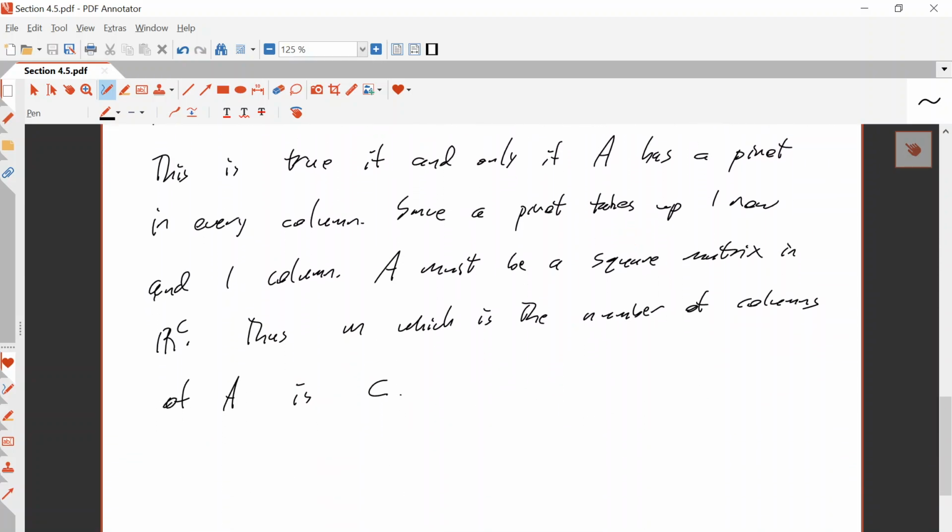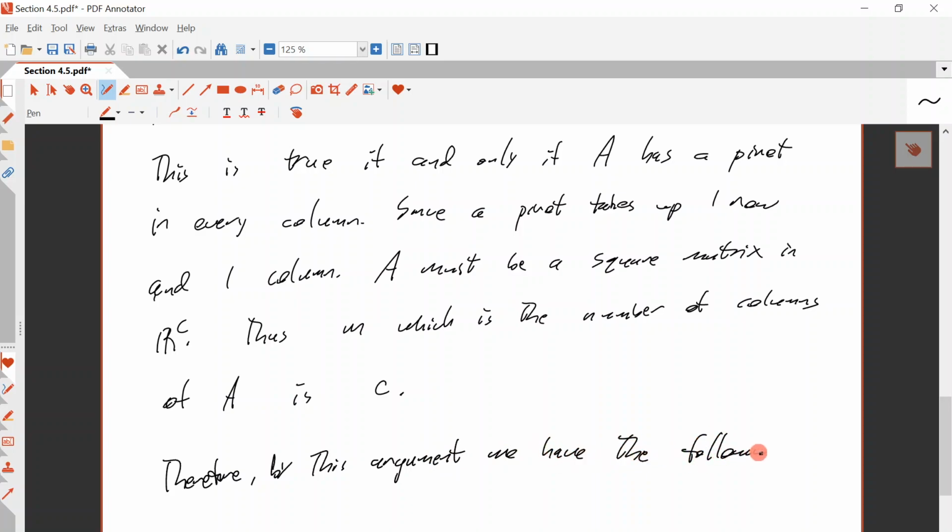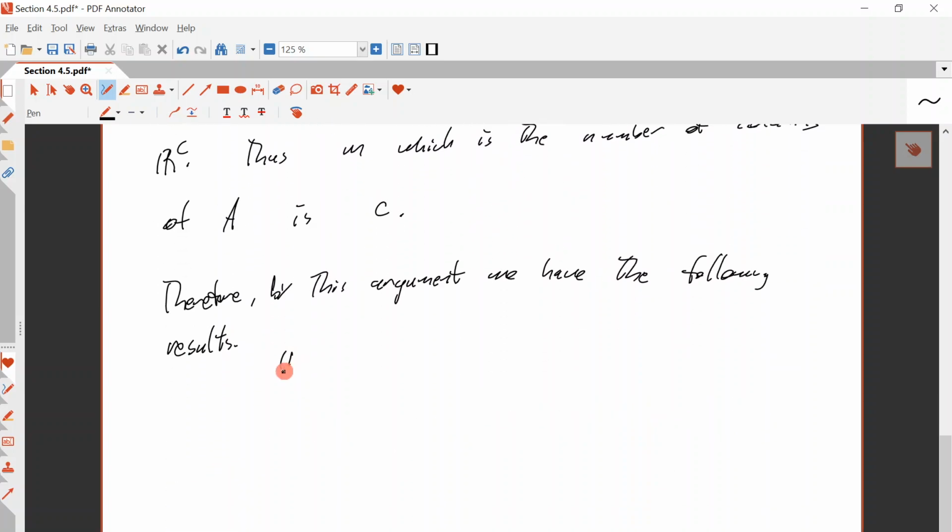But the number of such vectors is again C. Therefore, by this argument, we have the following result. 1. Every basis of a vector space V has the same number of vectors in it.